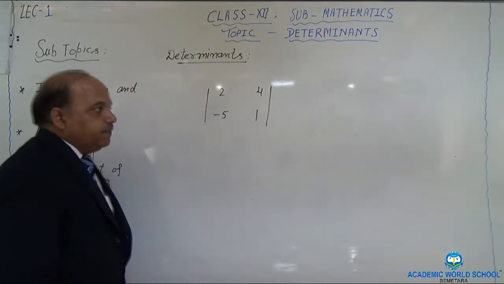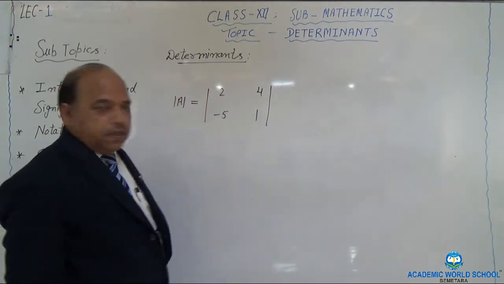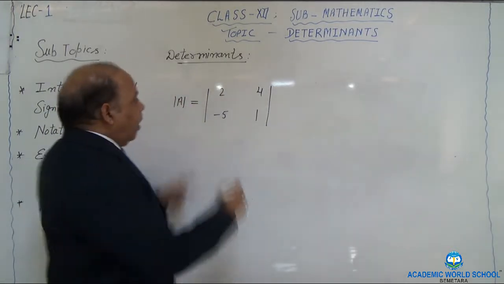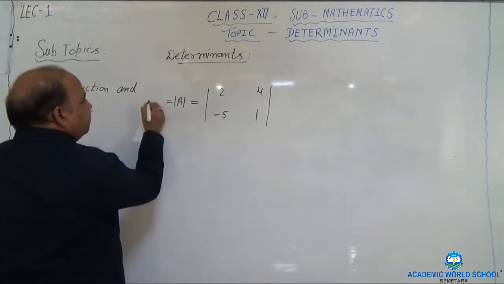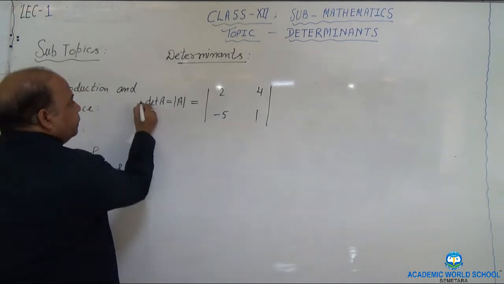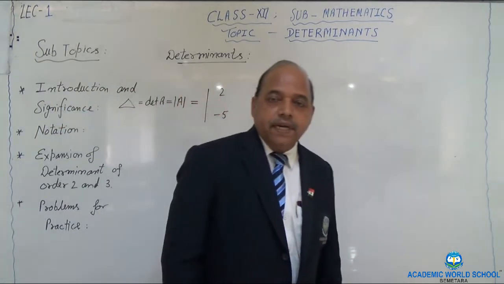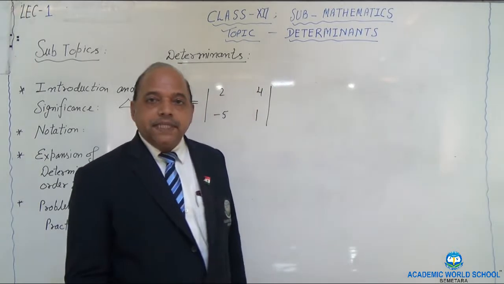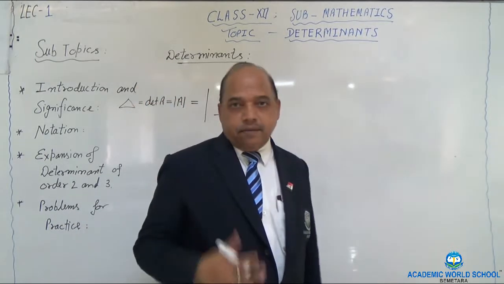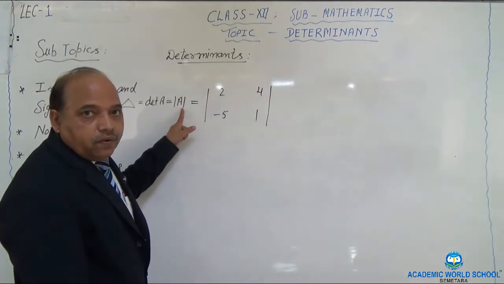This determinant is given. Let's say it is represented by determinant A. We can write it by this, or we can also use the symbol triangle. Triangle also represents the corresponding determinant. So this we want to find out.